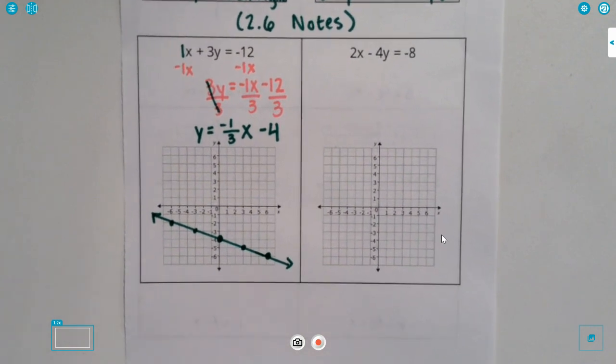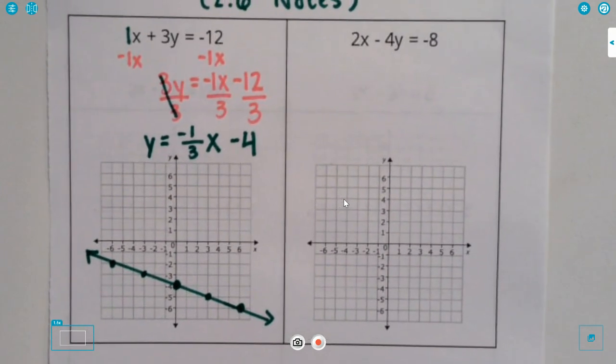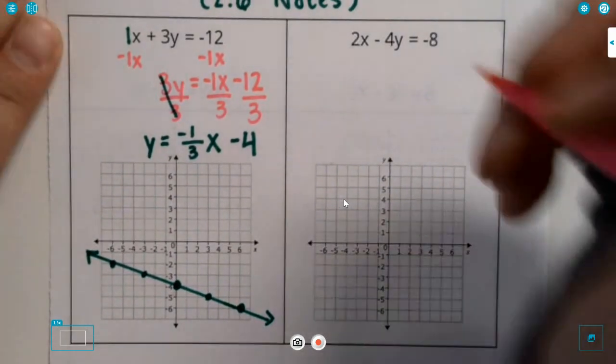Okay, we've got one more, and then 4 on the back for y'all. So the next one, we've got 2x minus 4y equals negative 8. So I'm going to start by subtracting that 2x.